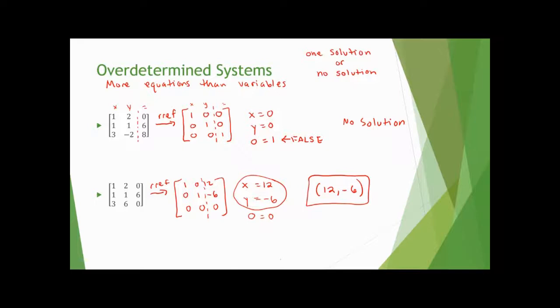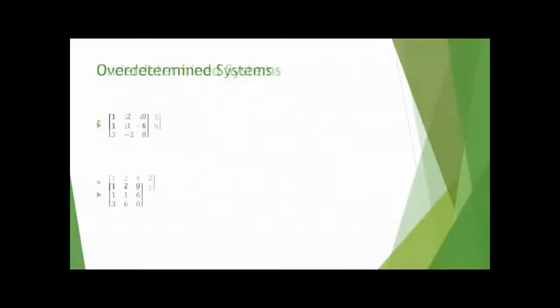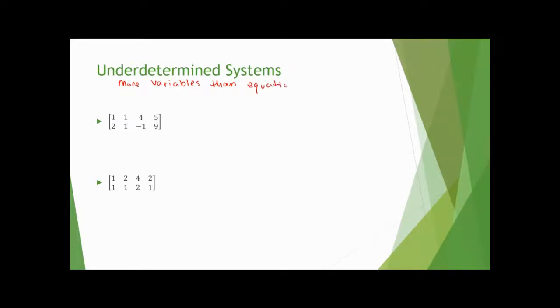Okay. So the next one, instead of overdetermined, is underdetermined. Underdetermined means you have more variables than equations. So it's the other way around. More variables than equations.